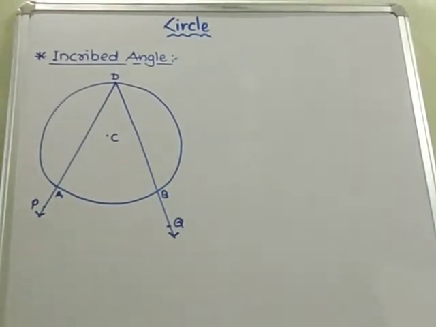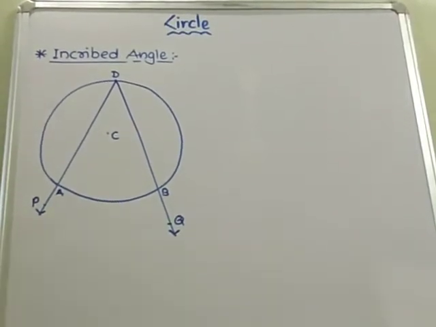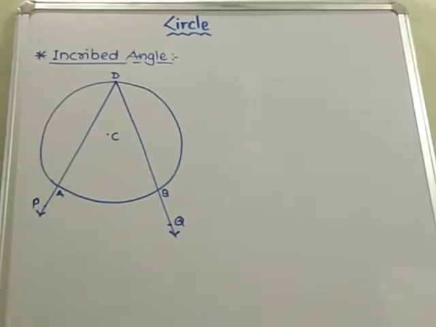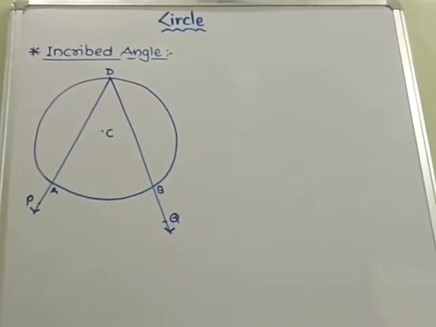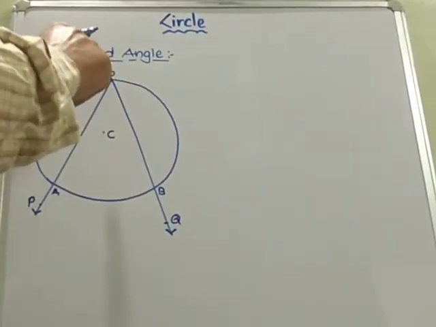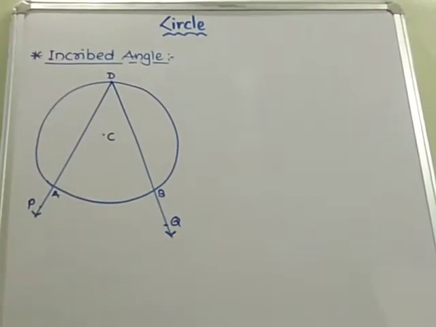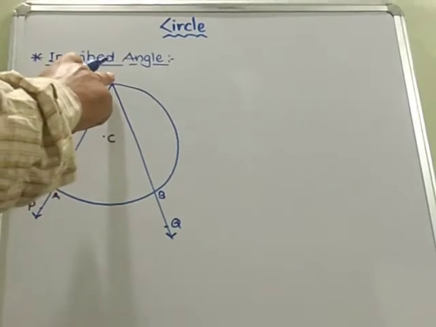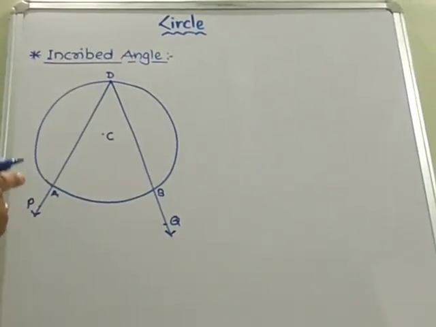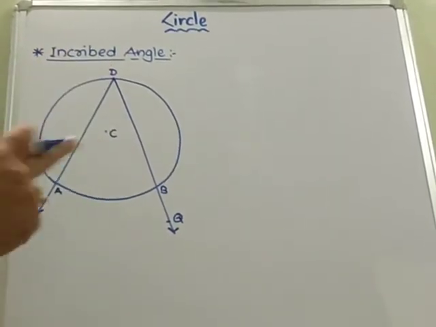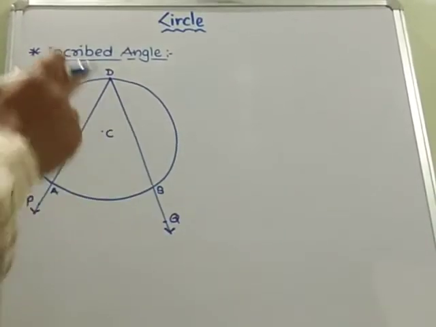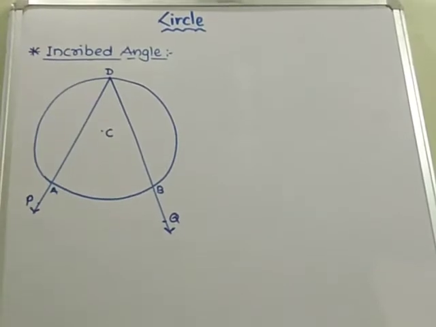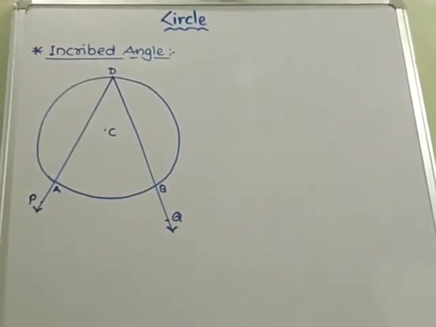What are inscribed angles? In this figure, C is the center of the circle. The vertex D of angle PDQ lies on the circle.